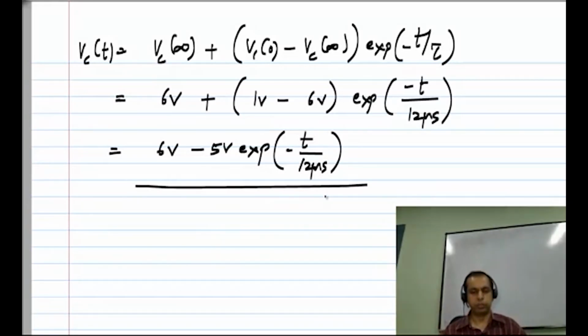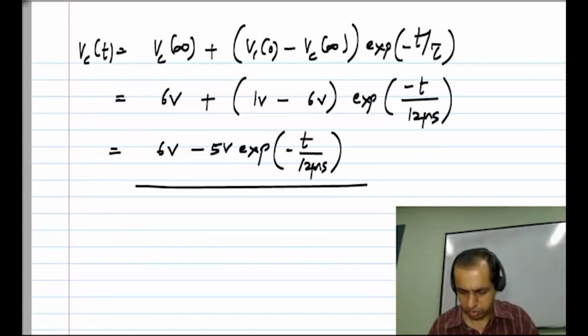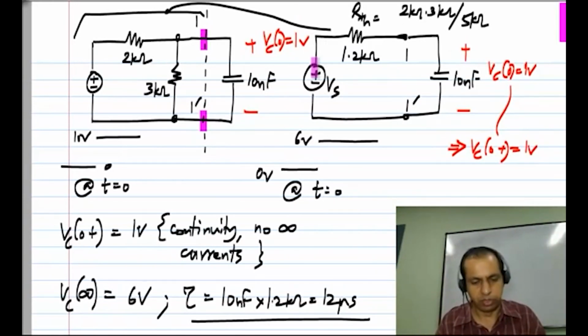So that's the expression for it. You can do this in many ways. Basically, the point is to be able to identify the time constant and the initial and final values.